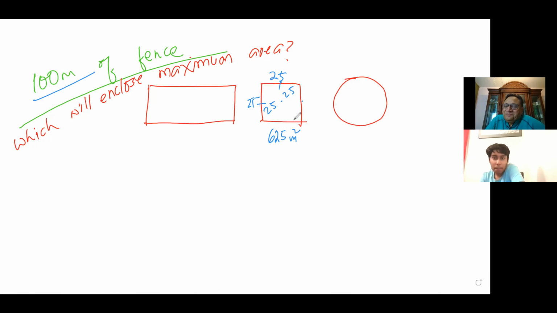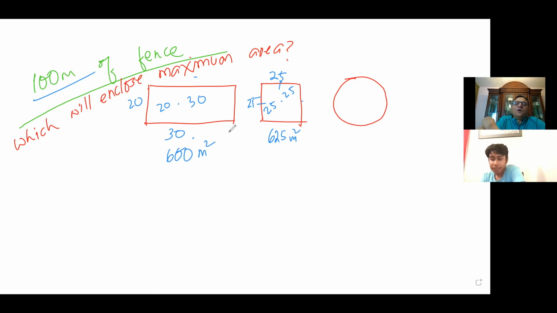So let's take some random side. Let us say the longer side is 30. So this is 30, this is 30, that's 60. I'm left with 20 each, that's 40. So what is the area now? The area will be 20 times 30, which is 600. It is less than the square. You can easily see.